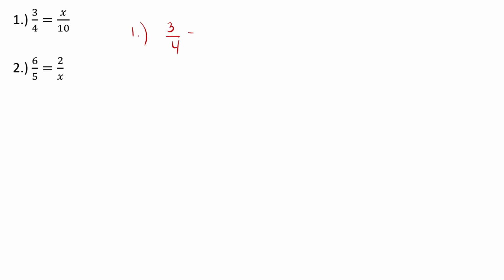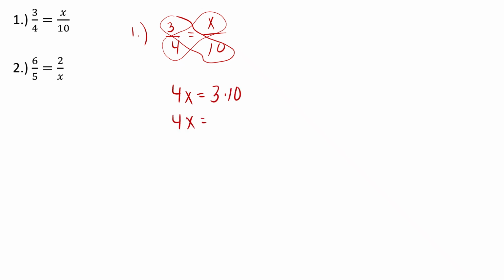The idea is if these are equal ratios, then the cross products will be the same. So 3/4 equals how many out of 10? This will be 4x. Now you can write 3 times 10 and then change it to 30. Typically, I'll just skip right to the 30 if it's something that I know how to multiply, and then we'll divide both sides by 4.